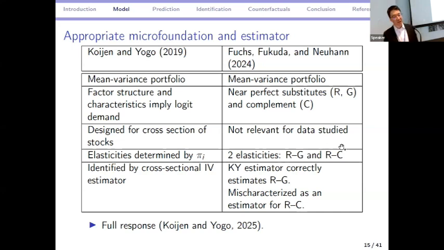They incorrectly interpret our estimator as the estimator for red versus the complement. But the irony is, if you correctly apply our identification equations to their setting, you actually should get the elasticity between red and green. So you would correctly identify the elasticity. Okay, so it comes from misinterpreting what our estimator is actually doing.